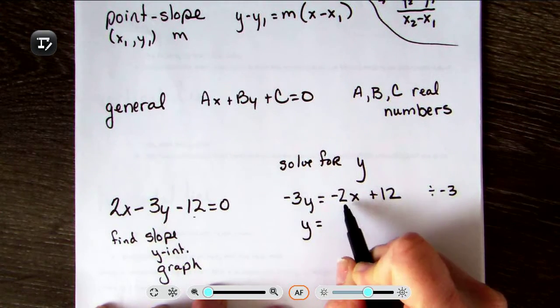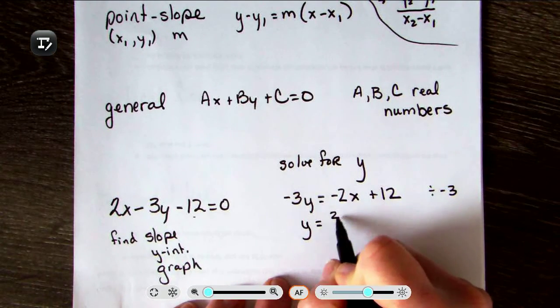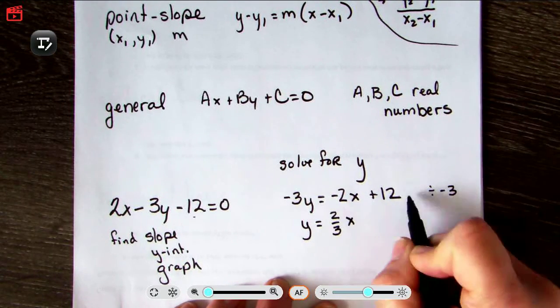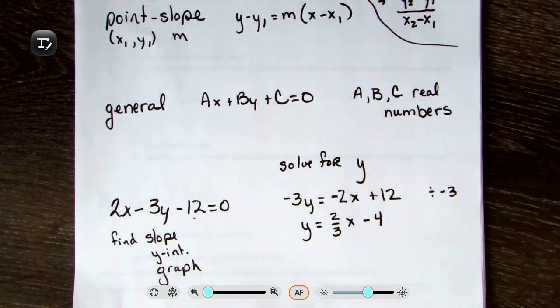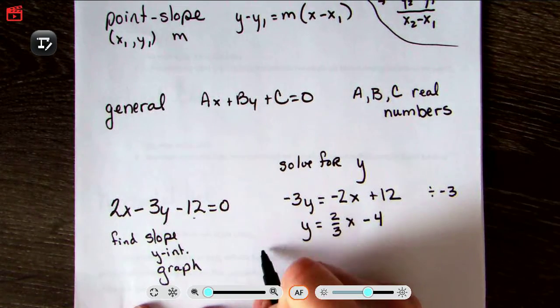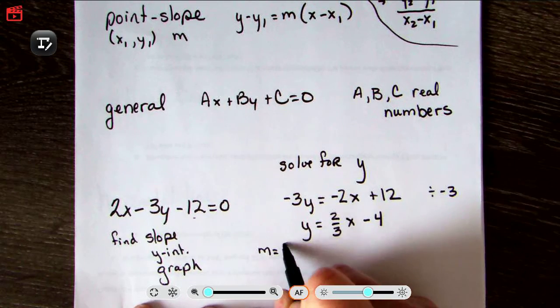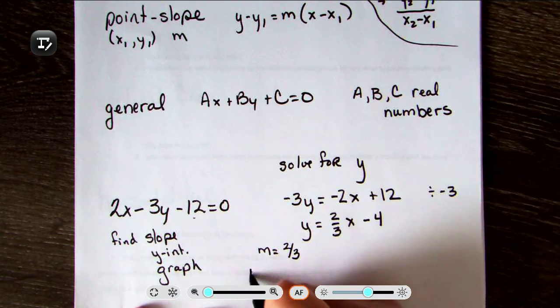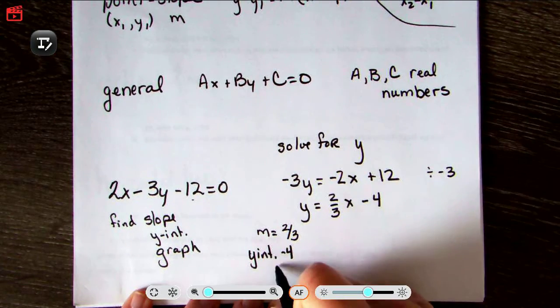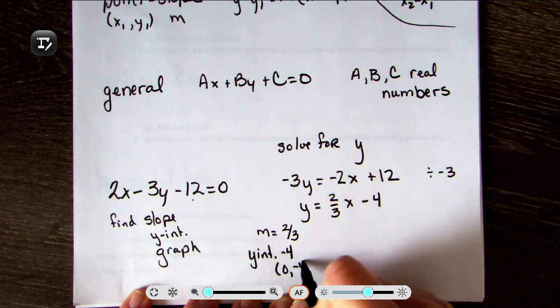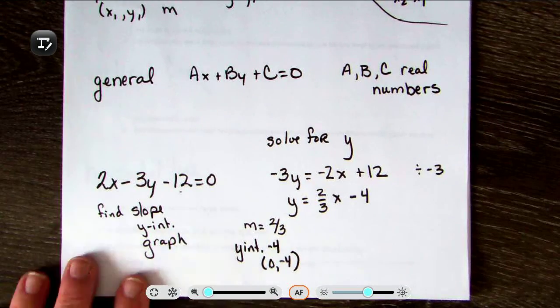When I divide a negative by a negative, it becomes a positive, so 2/3. And then dividing 12 by negative 3, we get minus 4. So our slope is 2/3. The y-intercept is negative 4, or as a point, (0, negative 4), because it does represent a point.